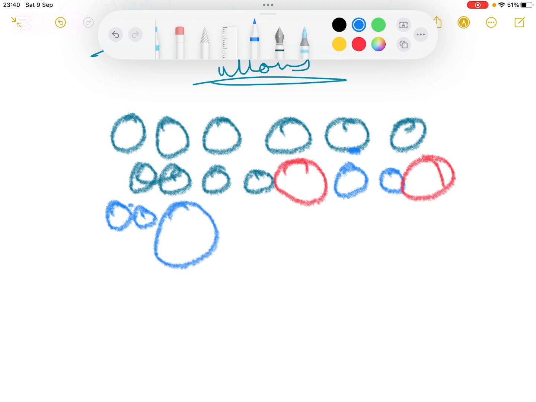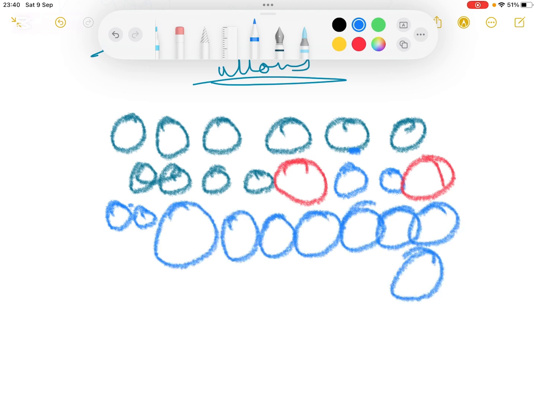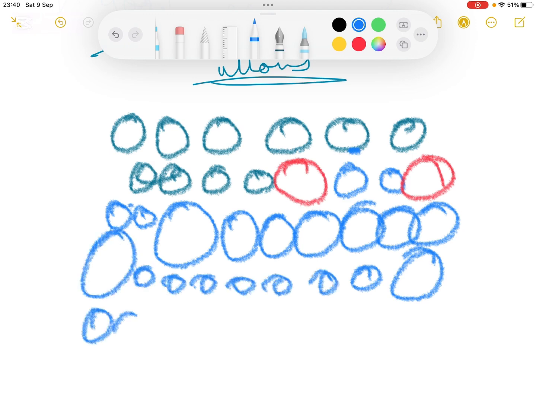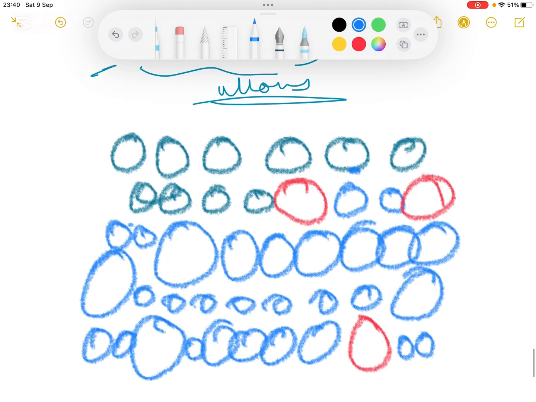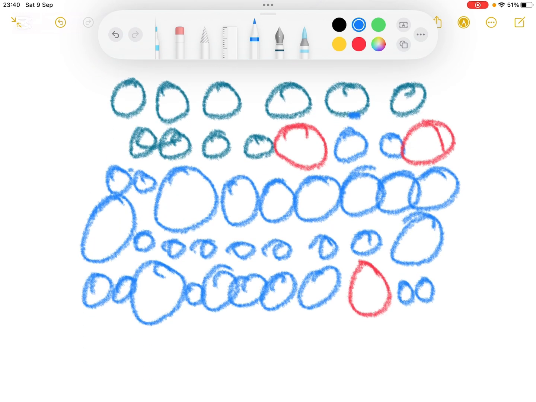Then you have big ones, smaller ones, then a big one, then smaller ones, then medium ones, then a red one, then yet smaller ones. So these are the alloys. They are very different in the size of their atoms. That's why they're stronger and harder. Their layers cannot slide over each other. They are different in their sizes.